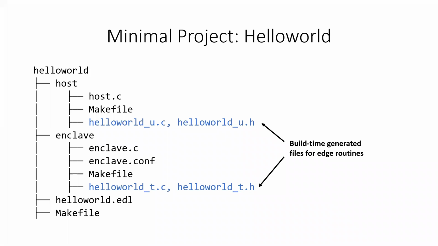And there we show there's a C code, hello world underscore u.c and hello world underscore t.c. Those are really the boundary code generated by our tool using an EDL, so that you will clearly see what are the potential functions that can go across the boundary. Other than that, there shouldn't be any code that accidentally goes across the boundary.